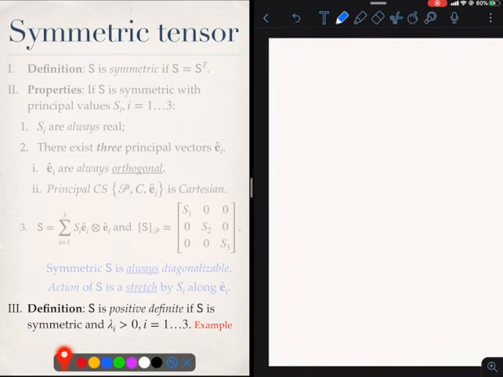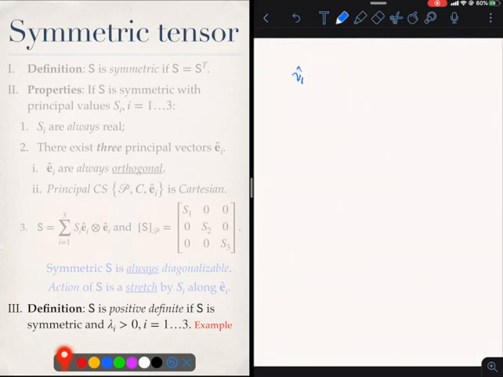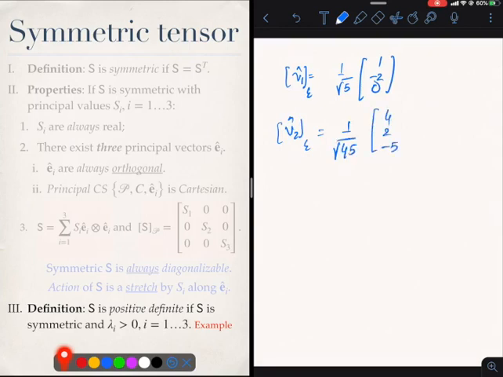So for example, V1 could be equal to 1 by root 5 (1, -2, 0), and V2 could correspondingly be 1 by root 45 (4, 2, -5).